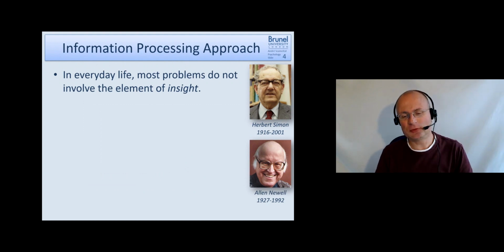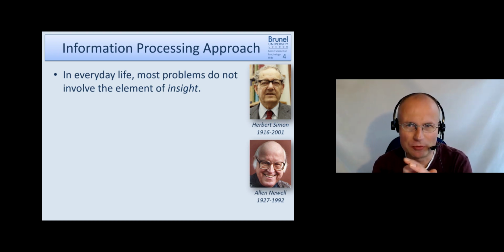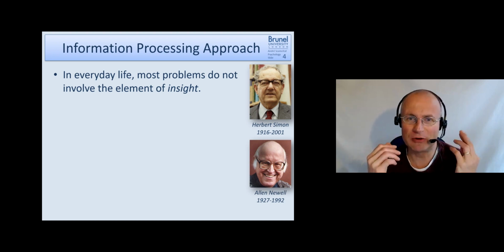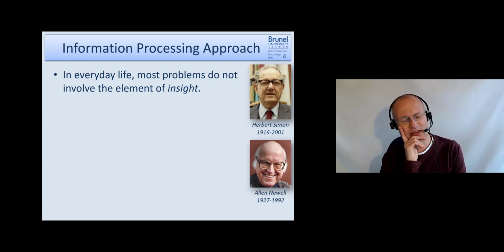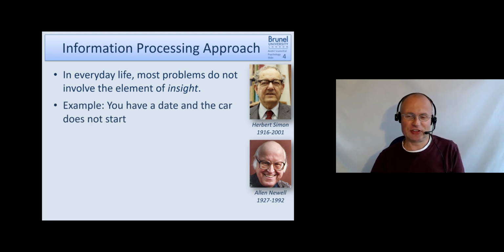The information processing approach was founded on the observation that in our everyday life, most problems that we encounter don't have this element of insight. When we have a problem in everyday life, it's not like we sit down in a quiet corner and then suddenly say, I have the solution. Instead, we try to find different solutions.